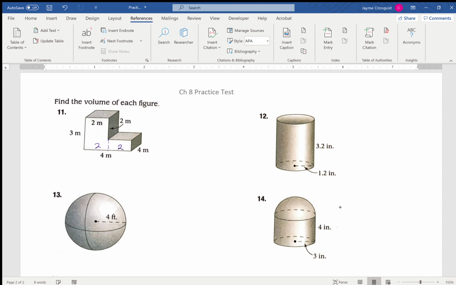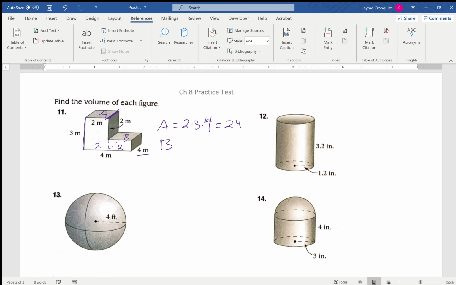Okay, so for the larger cube, we're going to do A, and the smaller is B. So A is 2 times, if this is 3, so we have 2 times 3 times 4, because that's that line. This line right here is 4. 2 times 3 times 4 is what? 24.